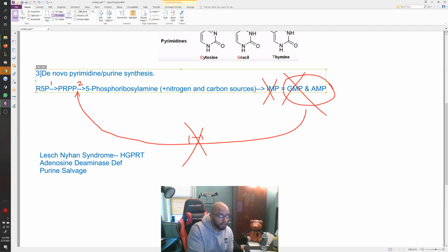Right? 3 completely different organisms. So for humans, we're going to be concerned with methotrexate. Right? So you use methotrexate to prevent dihydrofolate reductase from doing its job. You can no longer make THF, and then you cannot make dTMP, which will also inhibit DNA synthesis.